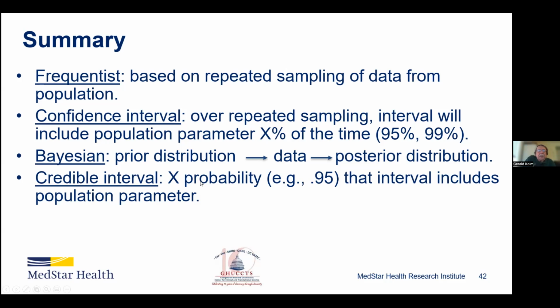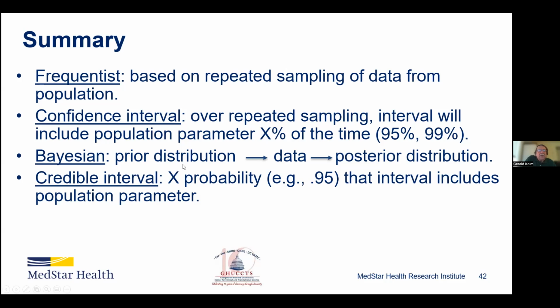Okay, the Bayesian is based on assumed theoretical distributions, whereas in the frequentist, it's based on the data, sampling from the actual data.